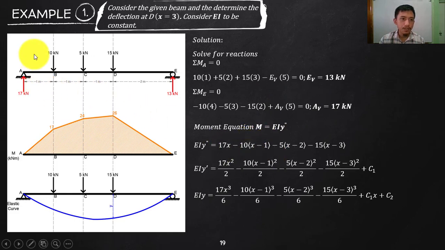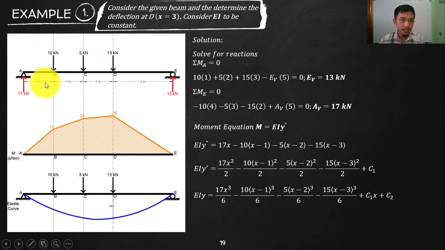So if I were to cut somewhere here, you will be having the moment of this to be clockwise, and then that is multiplied to the distance x, since that is a variable x. And then I will go here, that will be added. As you can see, before we were taking it per segment, so the moment equation here is different from the moment equation here, or separated, but this time we will combine.